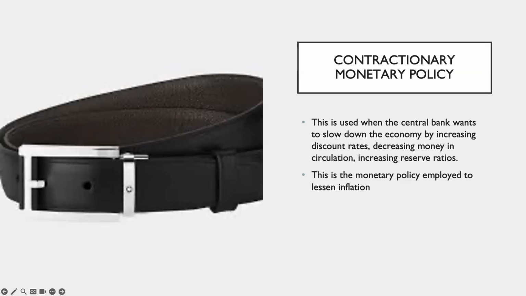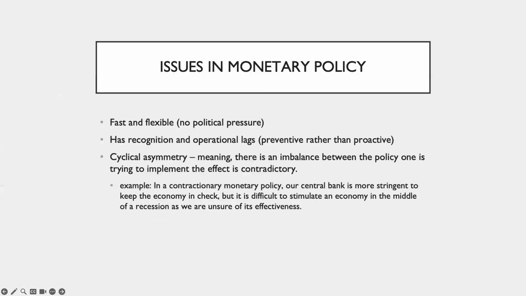That's why I'm using a belt visual for this, so that it can actually curb or slow down the effects of inflation. We might not see this directly, but definitely they are doing something within the financial institutions. All right, so that's expansionary and contractionary monetary policy for you.